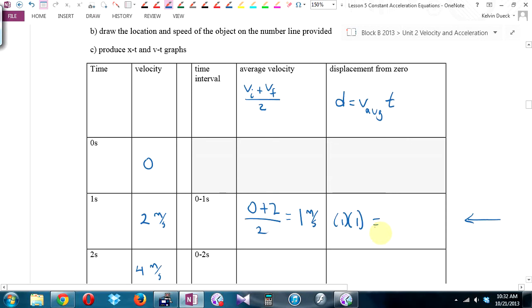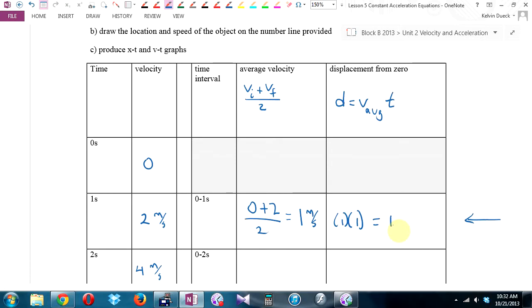How far have I traveled in the first second? In your head, Jacob, what is 1 times 1? We're starting off with nice numbers. You may be accelerating at 2 meters per second squared, but in that first second, you only managed to cover 1 meter.